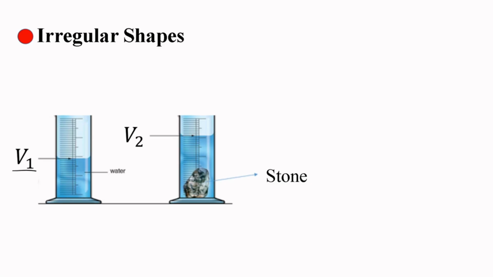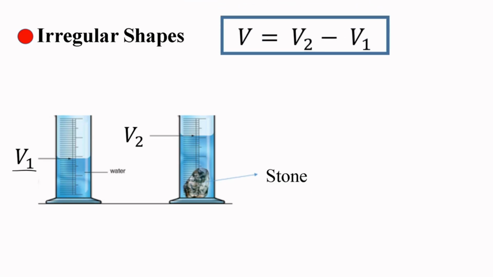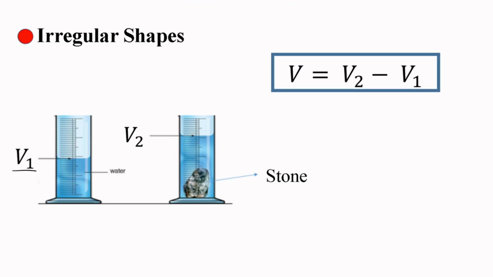In this case, how can I calculate the volume of the stone? Because as you can see, the stone is going to take some volume, right? So the volume of the stone is going to be the second level of the water minus the first level, the second volume minus the first volume.